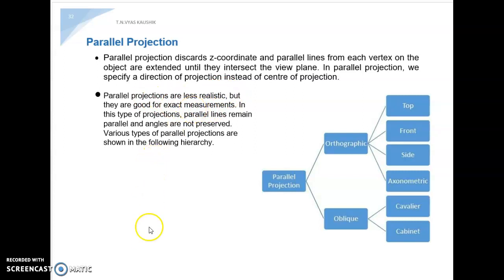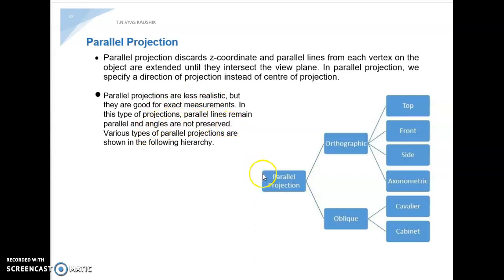The object's measurement and the projected shadow's measurement will be the same. That is the advantage of parallel projection. In this type of projection, parallel lines remain parallel and angles are not preserved. That is also a disadvantage, along with being less realistic.